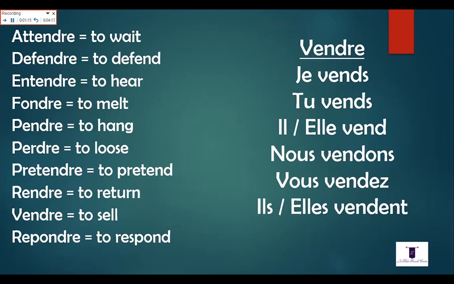So for the endings we have S, S. For il, elle, there's nothing. Nous, ONS, vous, EZ, ils, elles, ENT. So the verbs that you have here follow the same pattern to form their present tense.